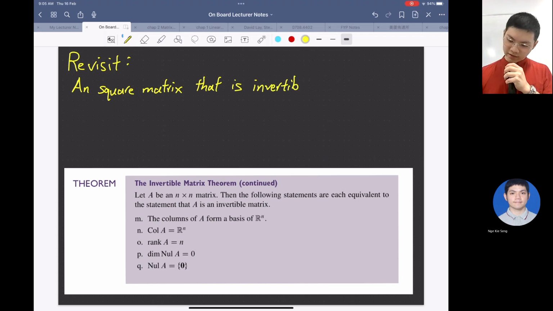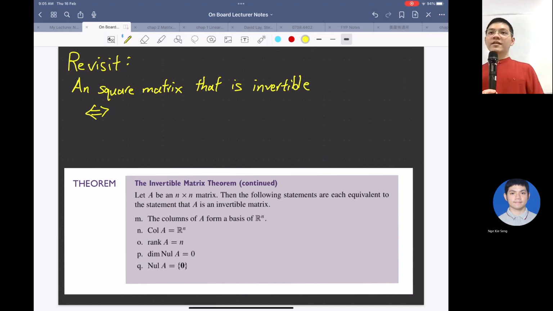Okay, what's the very first condition we know? When is a square matrix invertible? Remember? What's the very first one? Reduced echelon form? What about it?